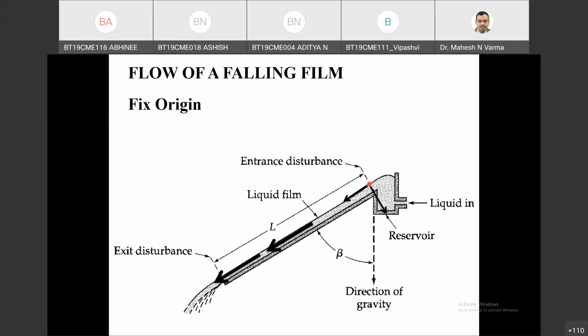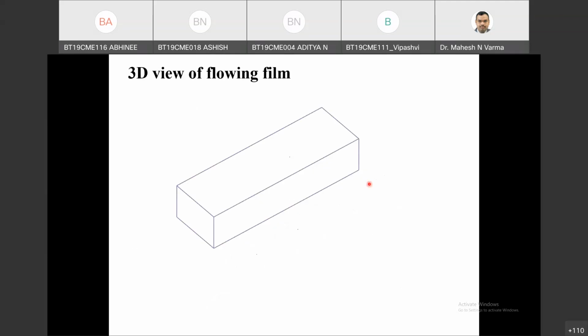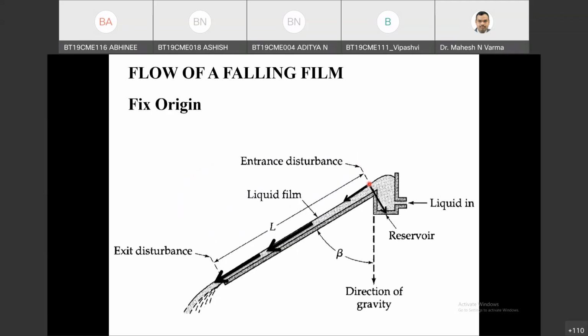Once the origin is selected, select the X, Y, Z directions. Which is my X direction, which is my Y direction, which is my Z direction? To elaborate this, just concentrate on this film, a 3D view of the film. From this point to this point is my film actually.